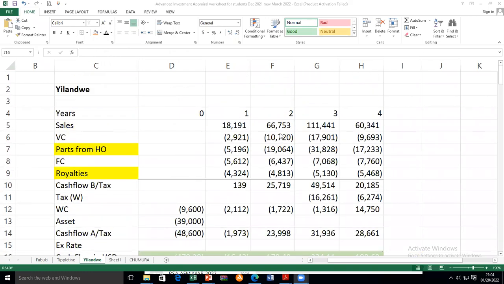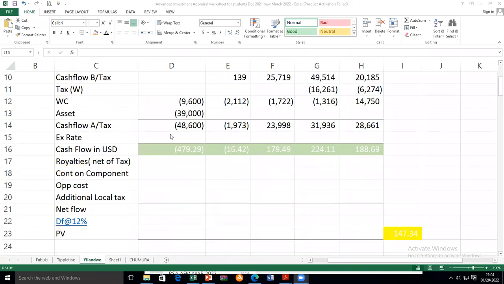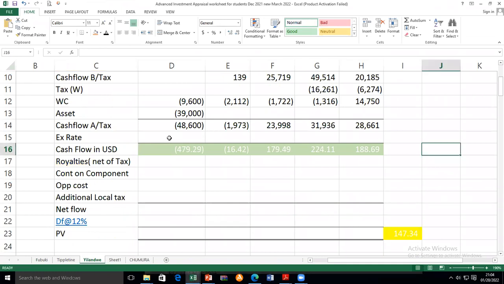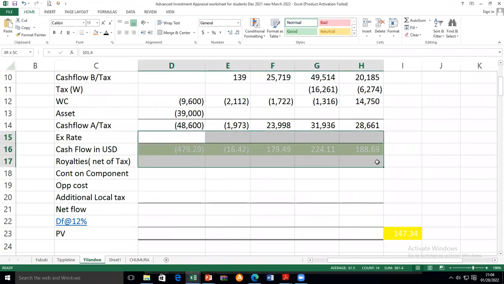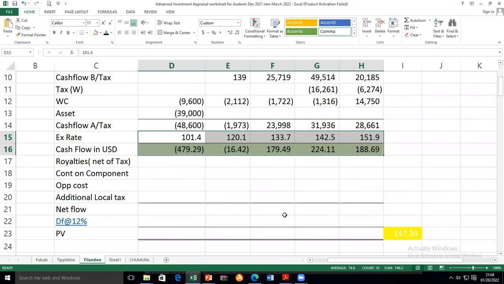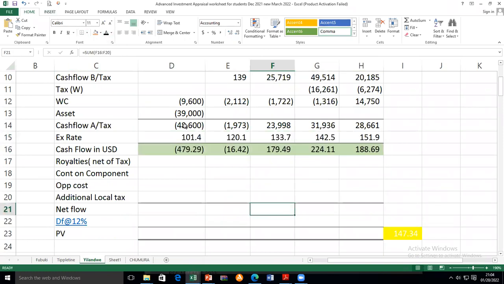So then, what we do, we come here. We convert. How do we convert? We divide these figures by rows. We do your divisions. So what has happened?